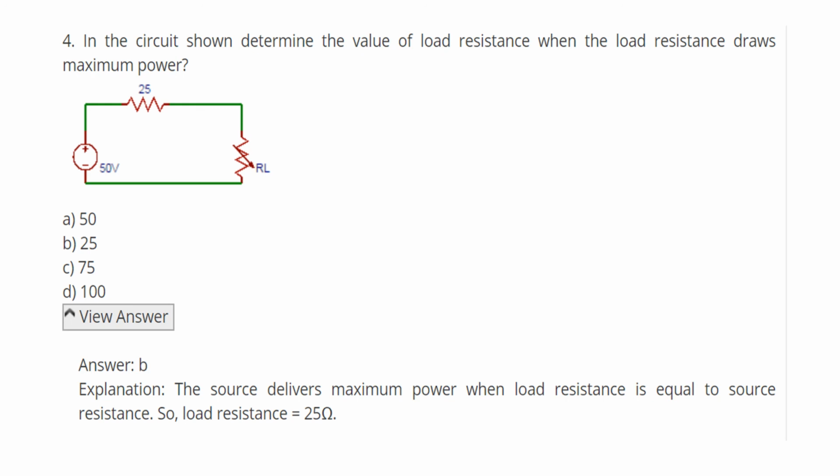The options are A, 50; B, 25; C, 75; D, 100. The correct answer is B. As we know, the explanation is here. The source delivers maximum power when load resistance is equal to the source resistance. So load resistance will also be equal to 25 ohms. This is the answer, correct, B.